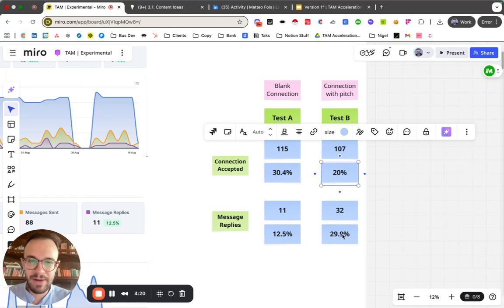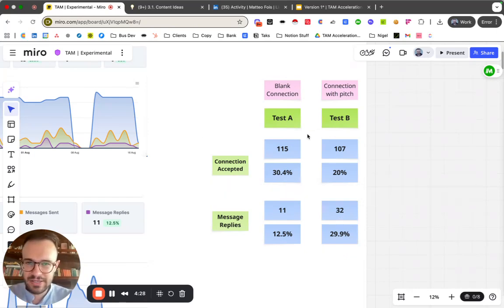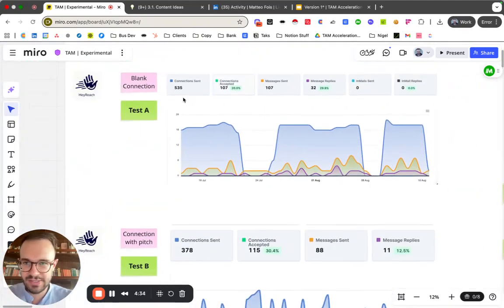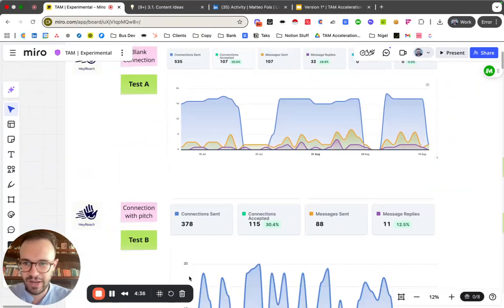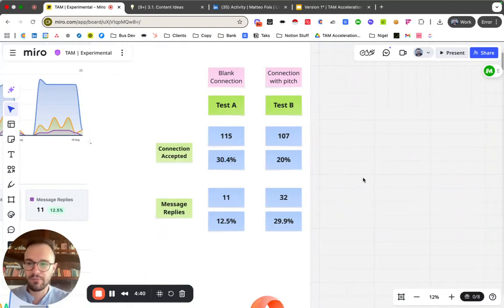But the replies were way higher, 29.9%. So the starting number is a little bit different. It doesn't change too much. Test A is 535. Test B is 378.